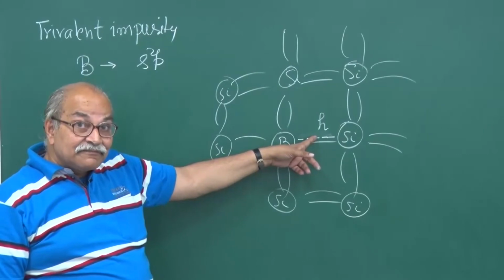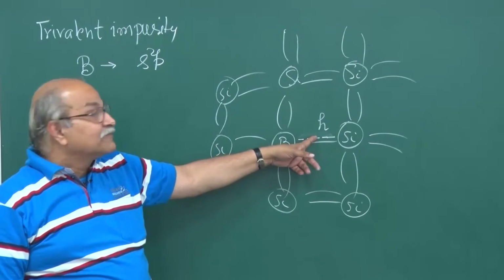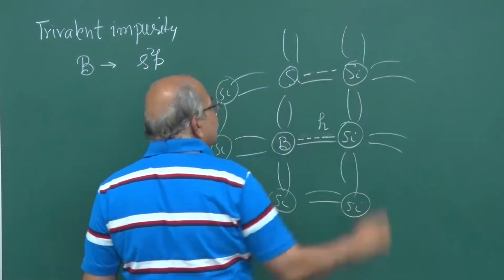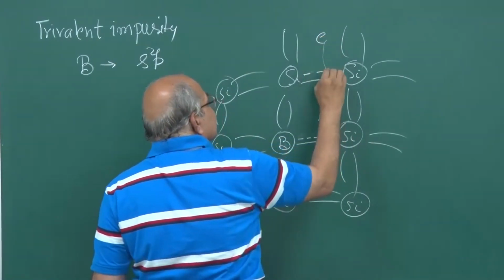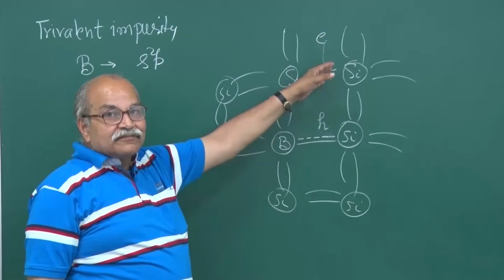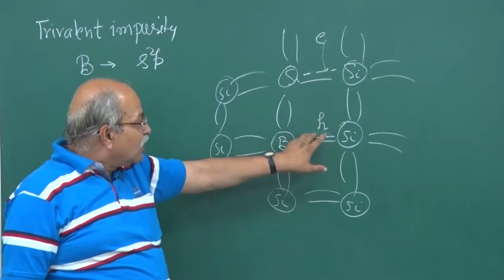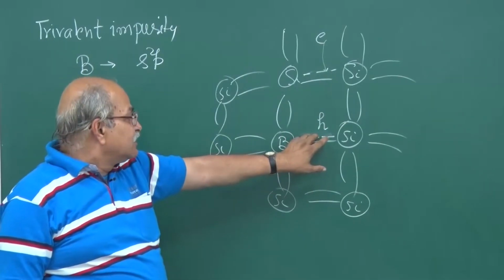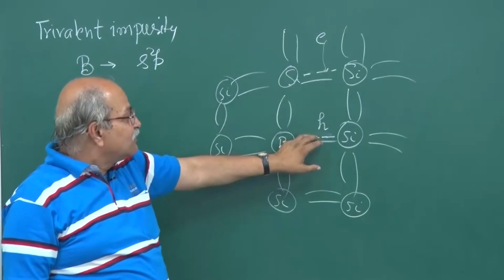What does that mean? You are creating new energy levels. If a bond is broken here and some electron goes and sits here, it has some energy. But if the bond is broken here and an electron comes and sits here, this energy is slightly different from that energy.